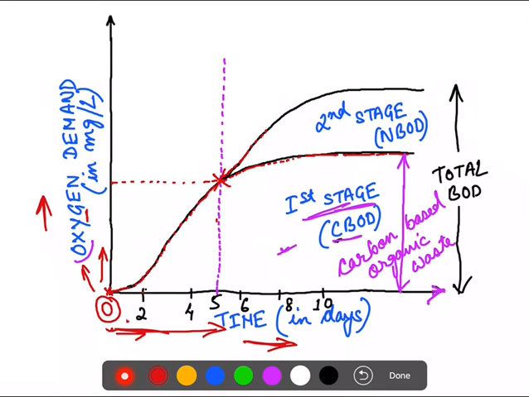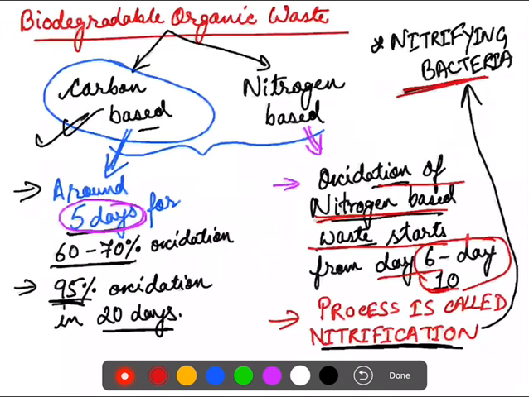During this span from day 0 to day 5, the oxygen demand by the nitrifying bacteria is not visible as per the graph. Why is it not visible? Because there is not a sufficient amount of nitrifying bacteria present in wastewater. Why? Because it takes time for the nitrifying bacteria to grow.